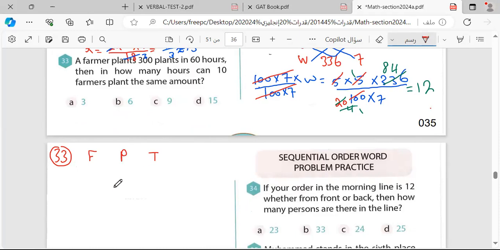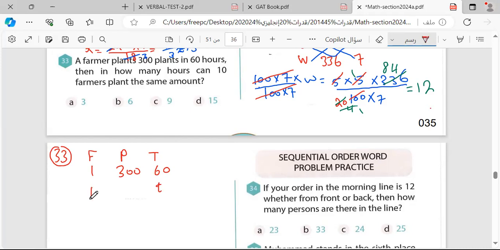You should keep the same order: subject, object, time. The order is necessary: who planted, how many plants, and the time. If we have 3 quantities, we write a farmer is 1. A plant 300, time 60 hours. Then in how many hours? He asked me about time.